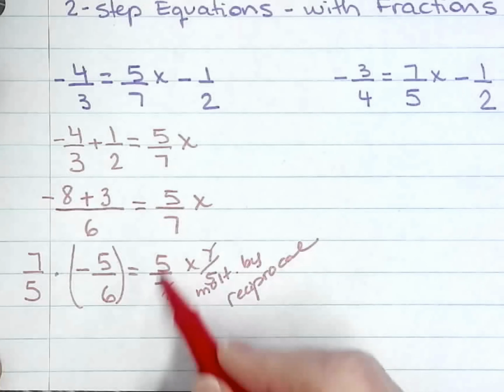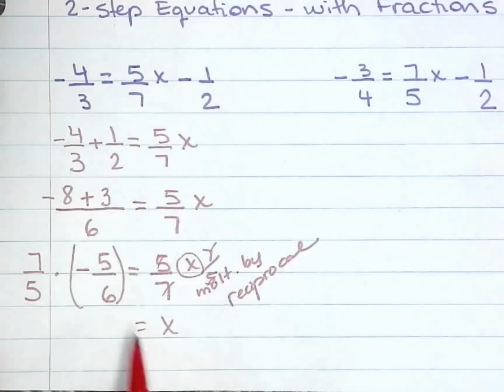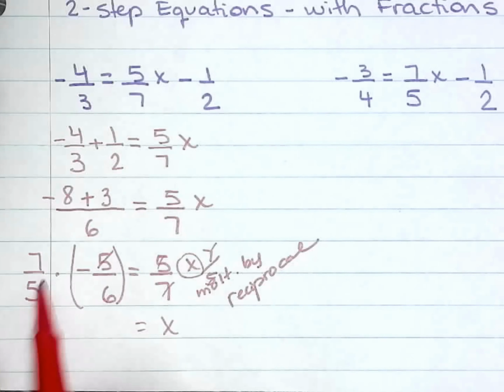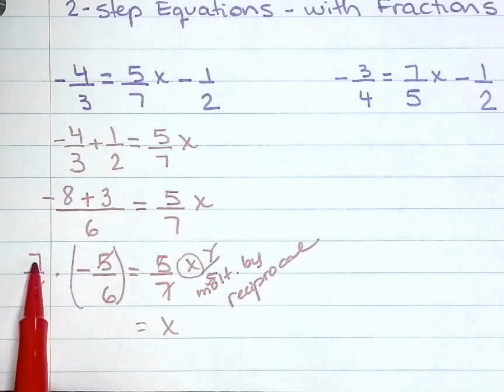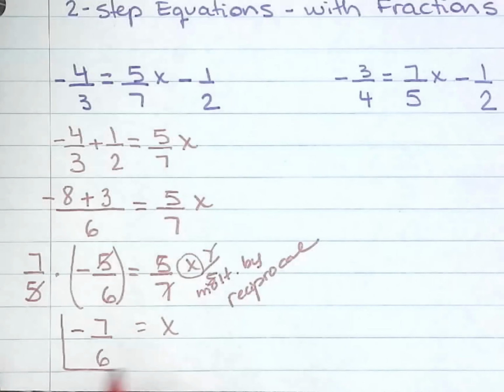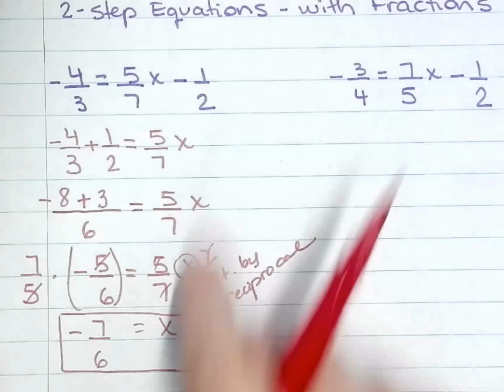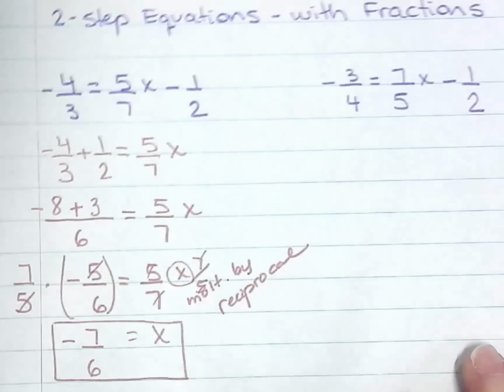Okay, all of this will simplify down to x. I only have x left over right there. And here, oh, I can simplify the 5s. And now I'm down to negative 7/6. So this is my final answer for this one way that I'm doing this with fractions.